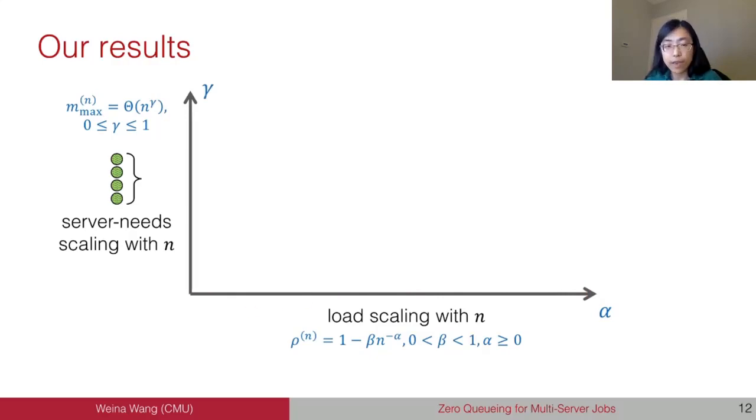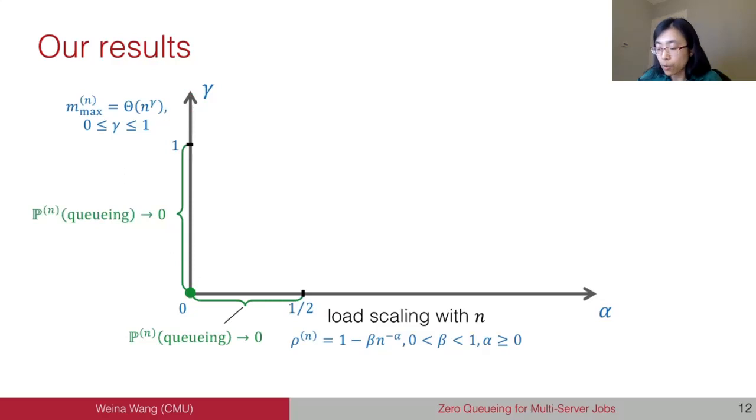We can show that if alpha is strictly smaller than half, then the queuing probability goes to 0. This recovers the classical results for queuing probabilities in the scaling regime called the sub-Halfin-Whitt regime. Now let's look at the y-axis. This is the case where the server needs scale, but the load doesn't scale.